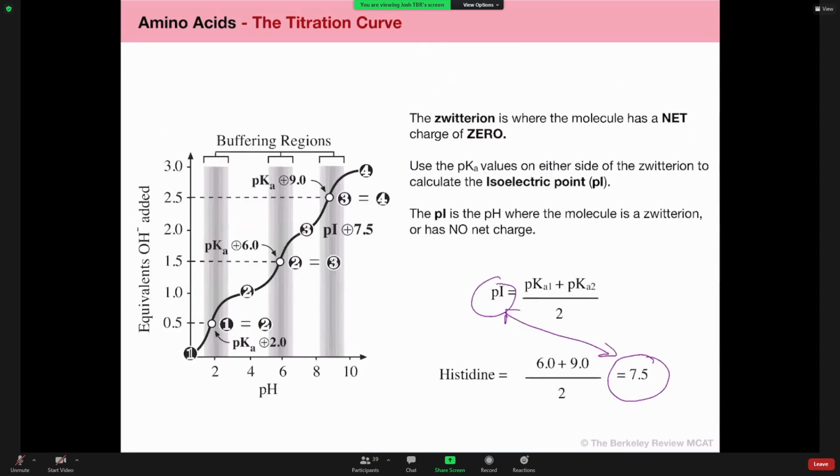Now, over here, if you keep adding base, right around here is where pretty much all of your molecules are going to be in this state, so it'll have only lost 1 proton.